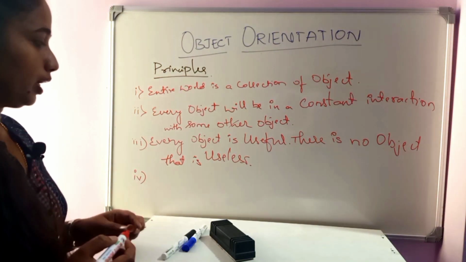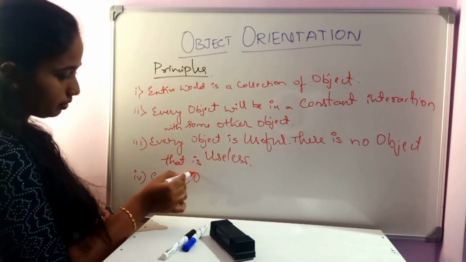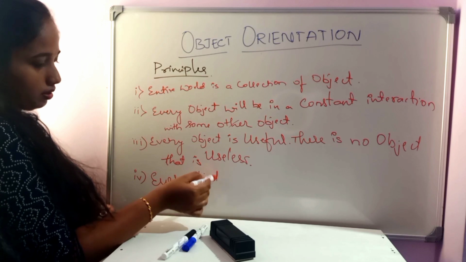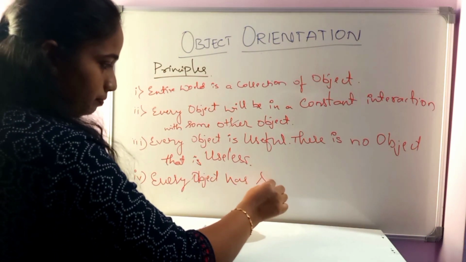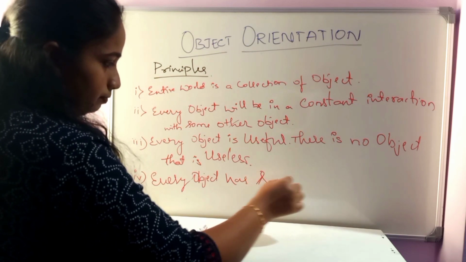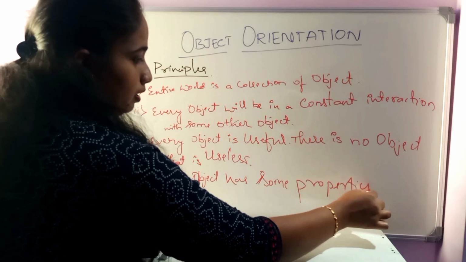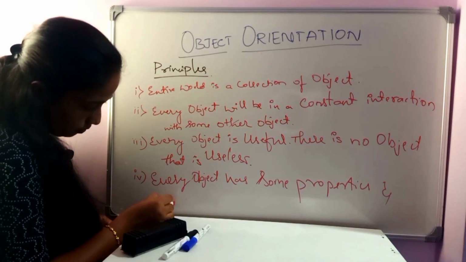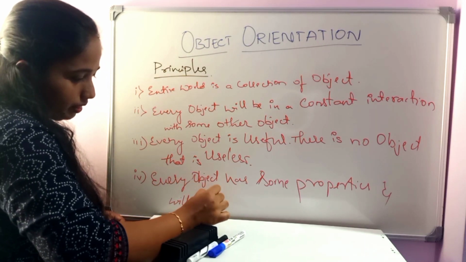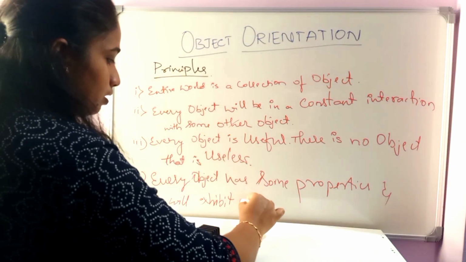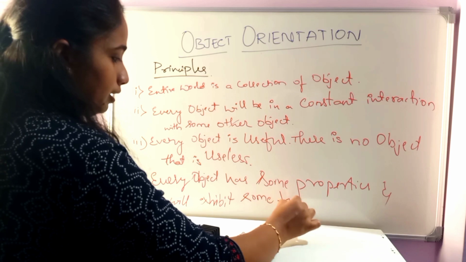The fourth principle is every object has some properties and will exhibit some functionalities.